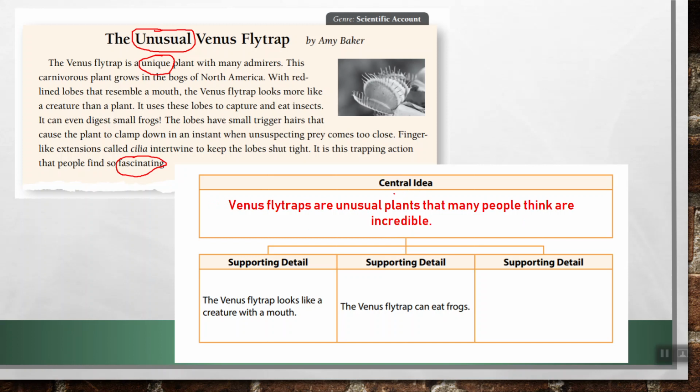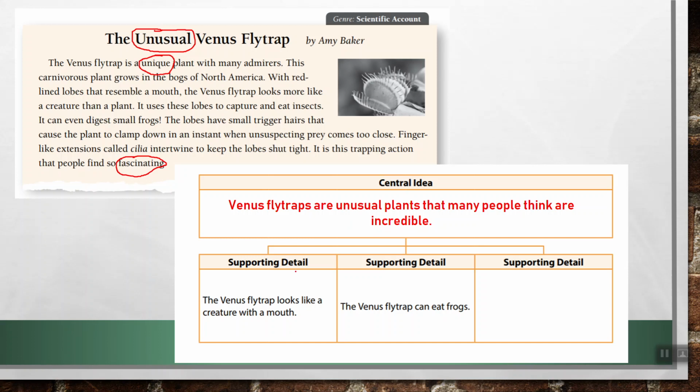That would be the central idea, the one thing the author really wants me to get from this paragraph. Notice this was not stated anywhere in the text, but when we put all these details together, we could come up with the idea that the Venus flytrap is unusual and that people find it incredible.